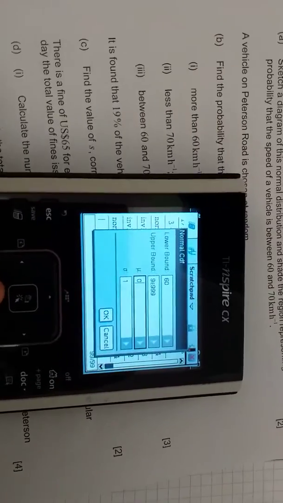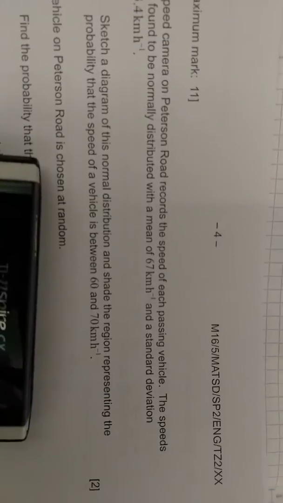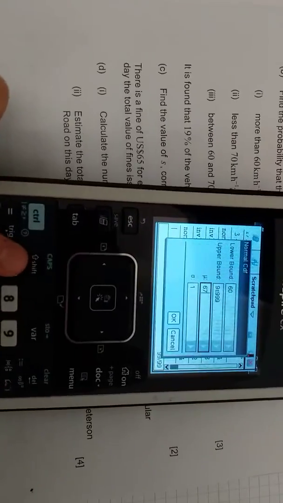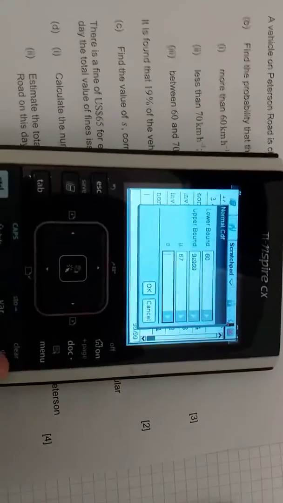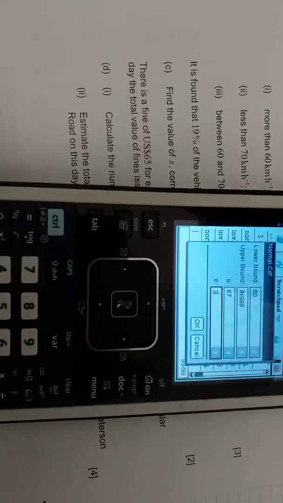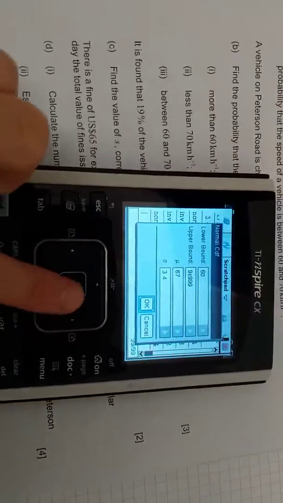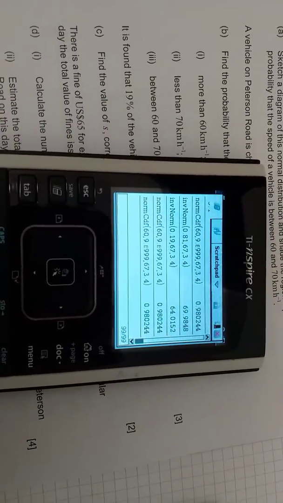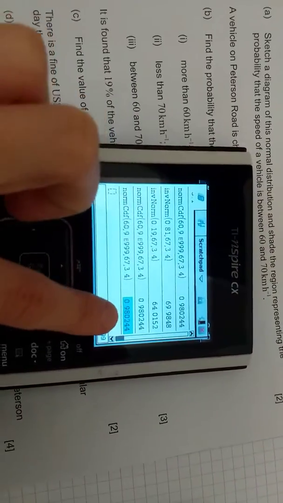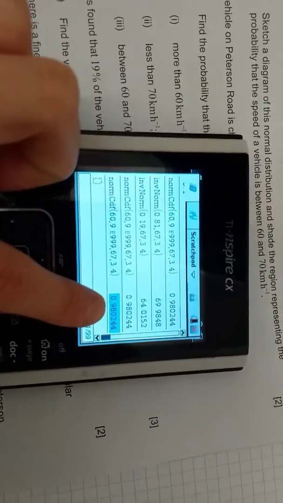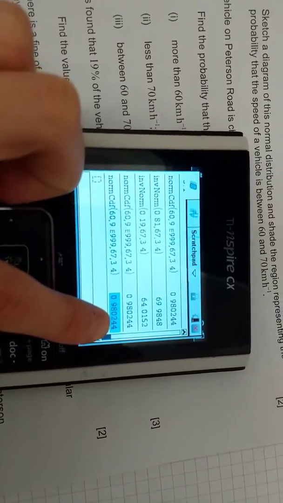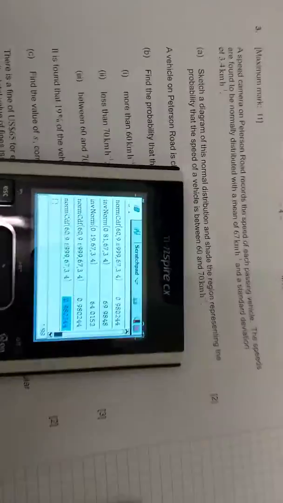The mean of the normal distribution bell is 67. And the standard deviation is 3.4. Enter. This is the answer, 0.980244.